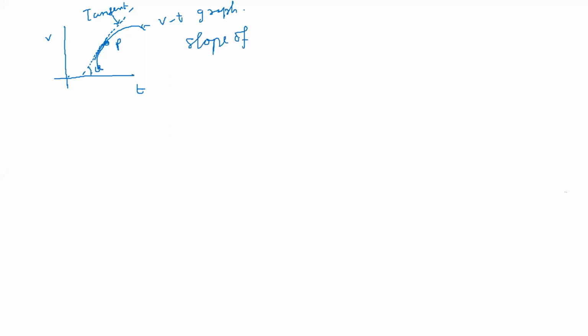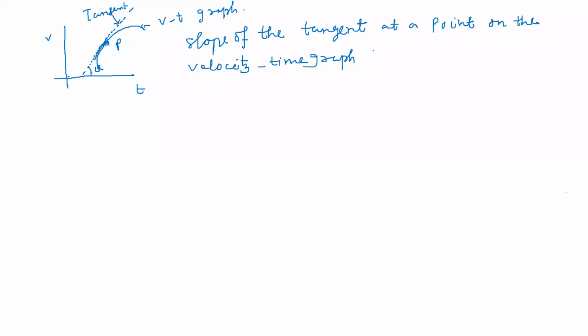The slope of the tangent at a point on the velocity time graph gives instantaneous acceleration at that point.